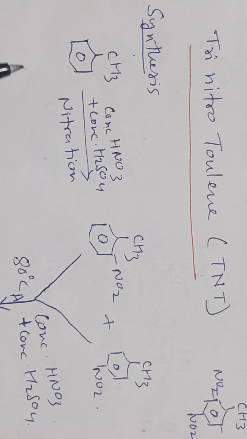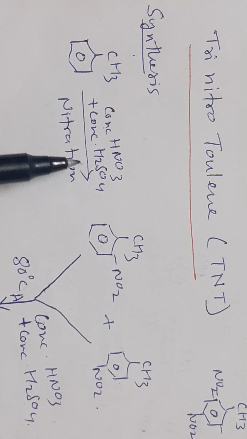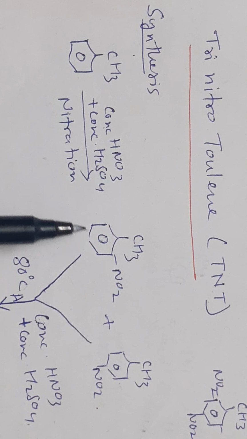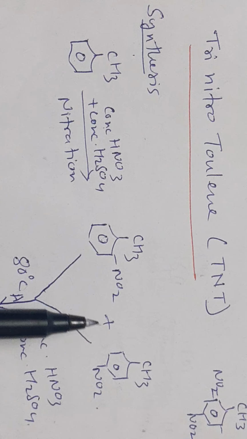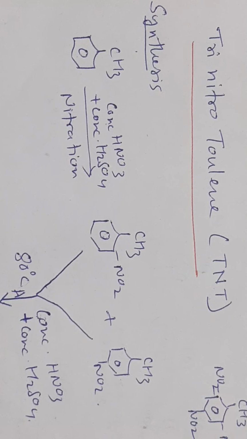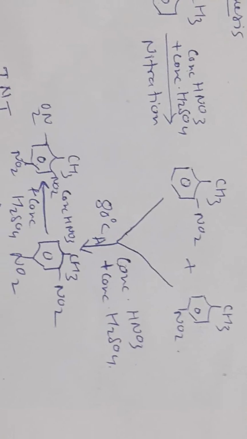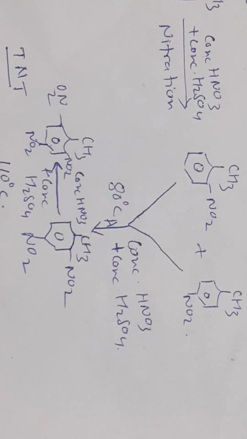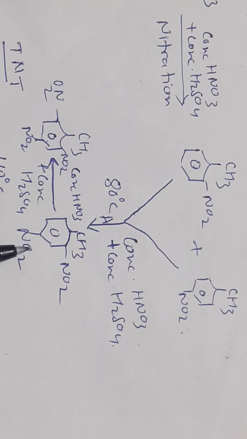In the first step, toluene reacts with nitric acid and concentrated sulfuric acid to give ortho or para-nitrotoluene. Then this ortho or para-nitrotoluene again undergoes nitration with concentrated nitric acid and sulfuric acid at 80 degrees centigrade, and we get 2,4-dinitrotoluene.